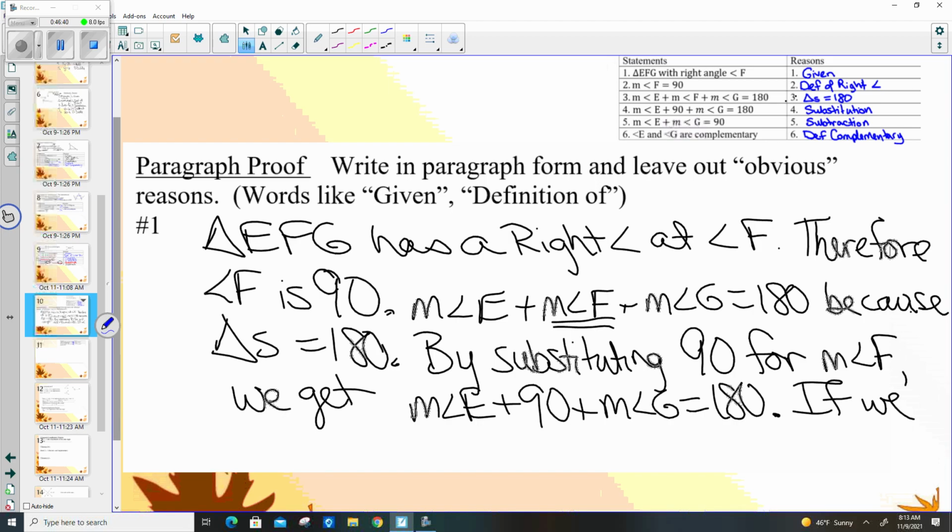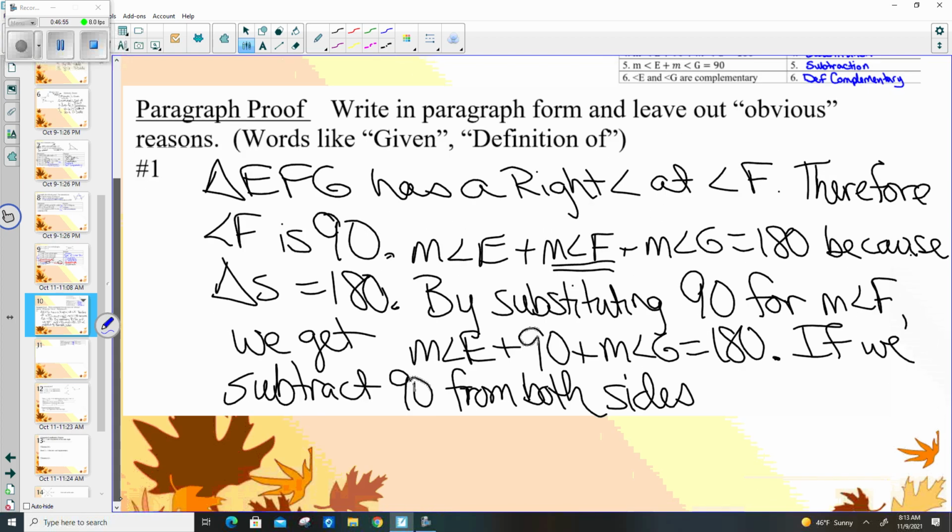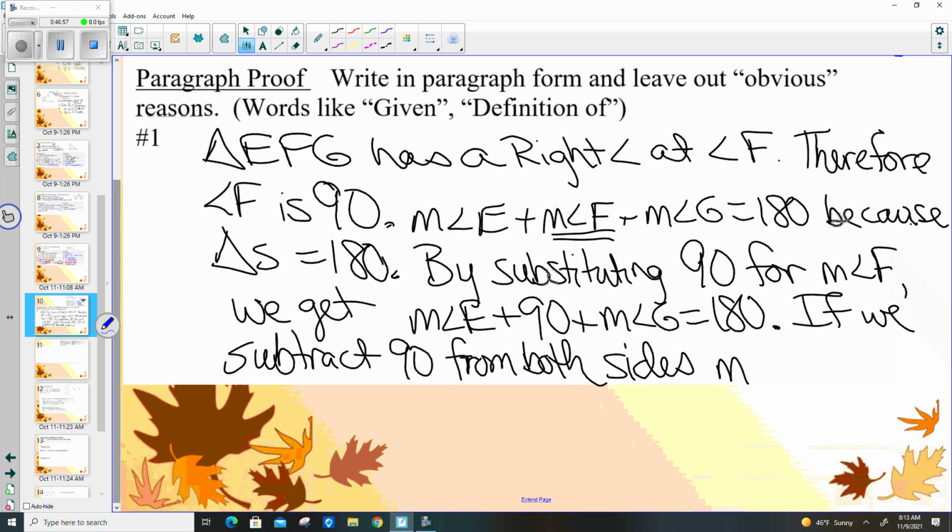If we subtract 90 from both sides, what do we get? What does that mean if those two angles add up to 90?